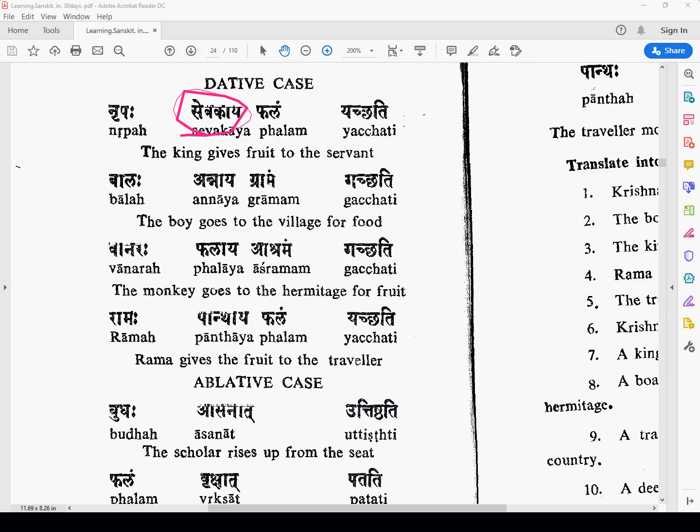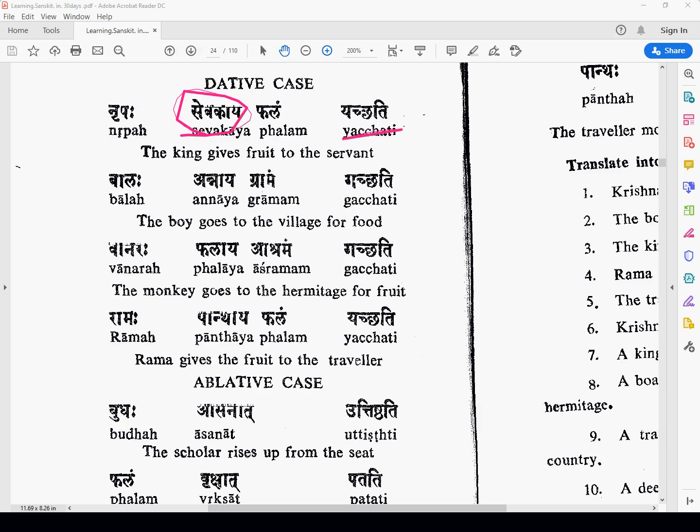Mostly you will find this Chaturthi Vibhakti in a sentence when there is some kind of giving action. He is giving to whom or giving for whom. Somebody is giving something, so to whom? That to whom comes in the Chaturthi Vibhakti. So yachati is one such Kriyapadam.